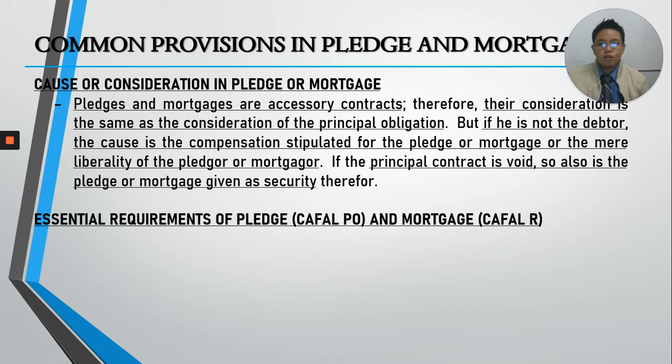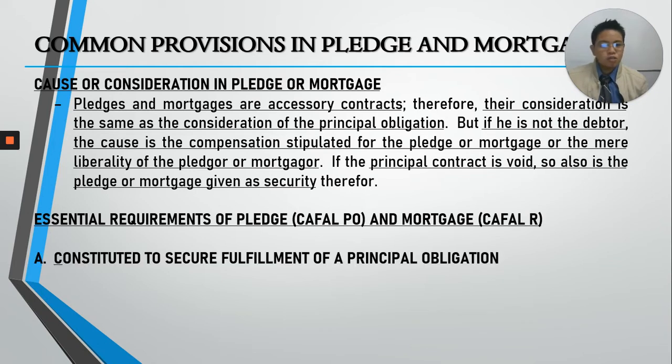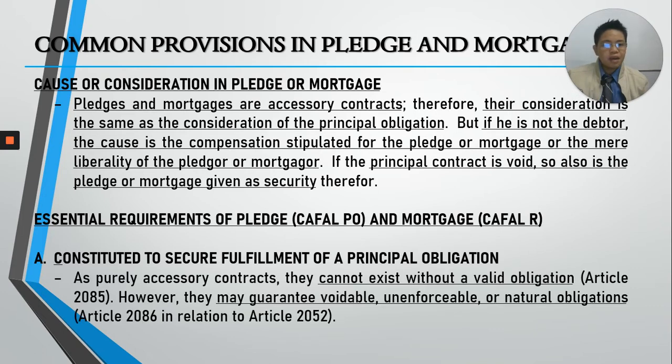Take note also of the essential requirements of a pledge and also of a mortgage. So, number 1, it is constituted to secure the fulfillment of a principal obligation. So, dahil siya ay mga accessory, they cannot exist without a valid obligation. So, remember, yun nga sinabi ko sa inyo kanina, di ba? Accessory sila.